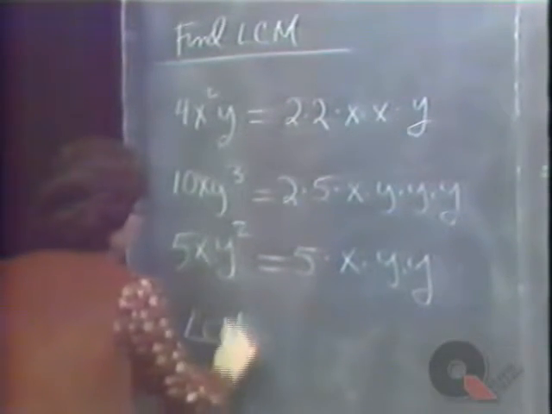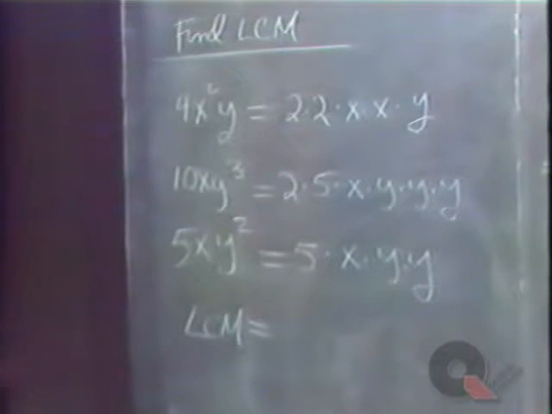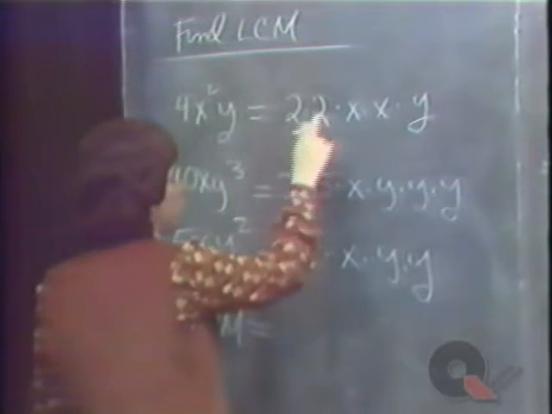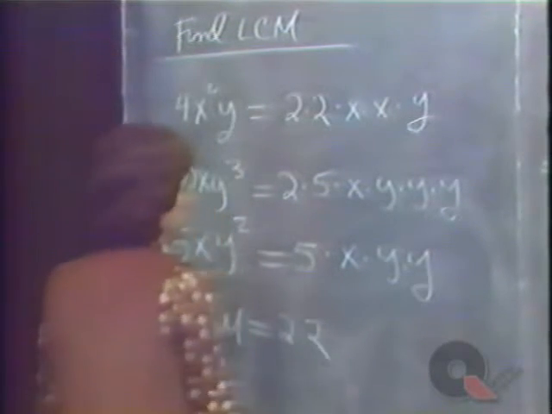The least common multiple: take each factor the greatest number of times it appears in any one denominator. On the numbers we have 2's and 5's. We have 2 2's, 1 2, no 2, so we have to take 2 twice.